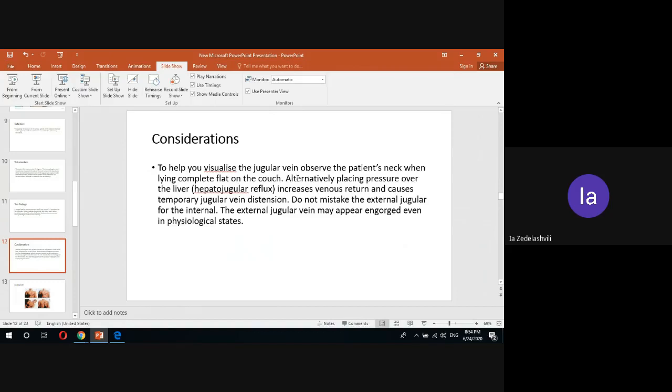So press on the point where the pressure is, and pulsation in the jugular vein will be more visible, increases venous return, and causes temporary jugular vein distension. Do not mistake the external jugular for the internal. The external jugular vein may appear engorged even in physiological states.